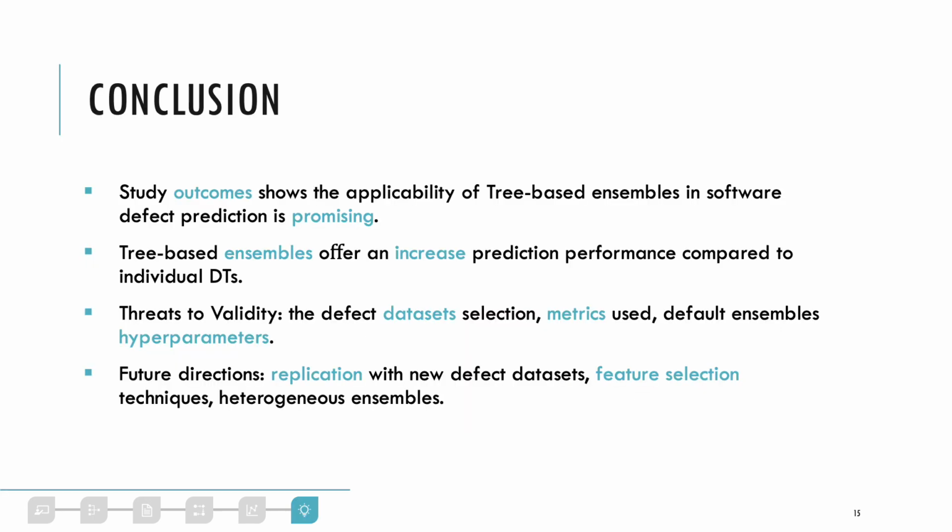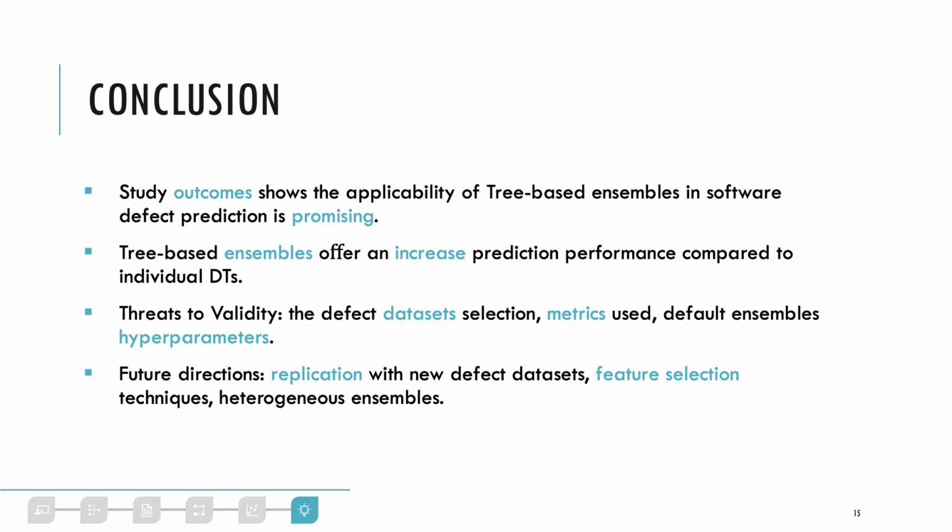In this paper, we empirically investigated the prediction capabilities of tree-based ensembles in software defect prediction. Our study outcomes show promising results for both software engineers and machine learning researchers of the applicability of tree-based ensembles in software defect prediction.